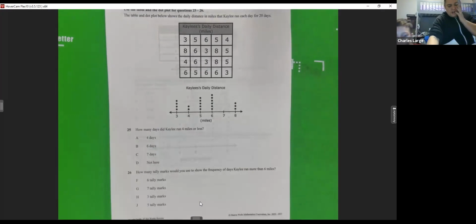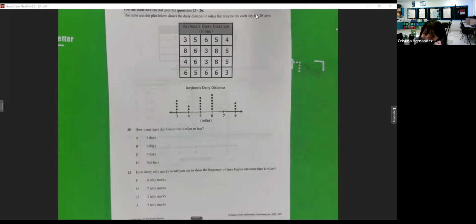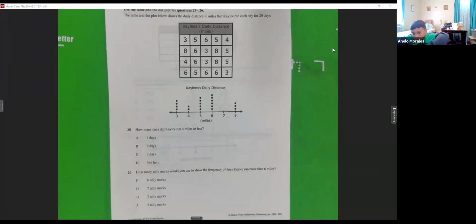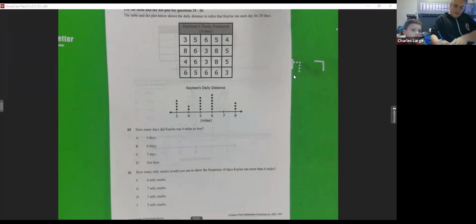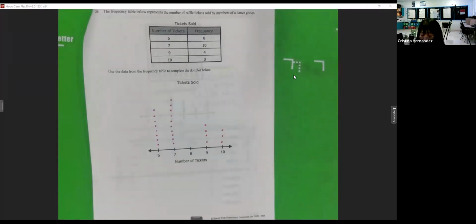Miss Hernandez, did y'all do number 24 yet? Yes, we did 24. You just had to fill in the dot plot with the number of dots using the chart up above.